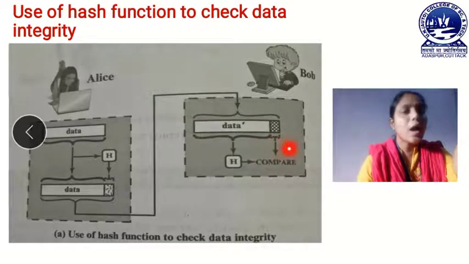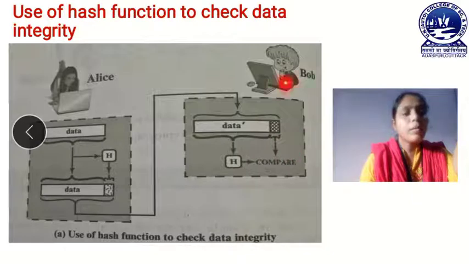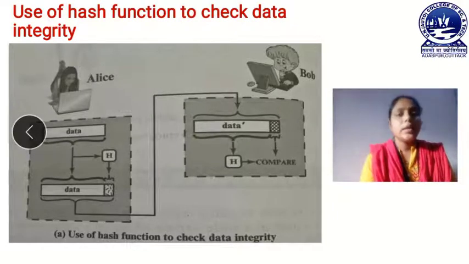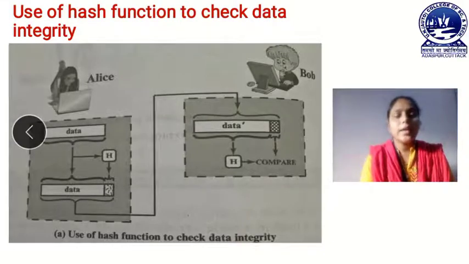If these two hash values are the same, then Bob is sure that there is no alteration in the data or message, and this provides the data integrity. I think you are clear about how data integrity is achieved by using the hash function, because in a hash function, the hash value provides us the data integrity.